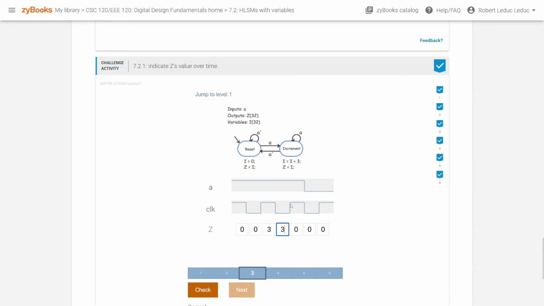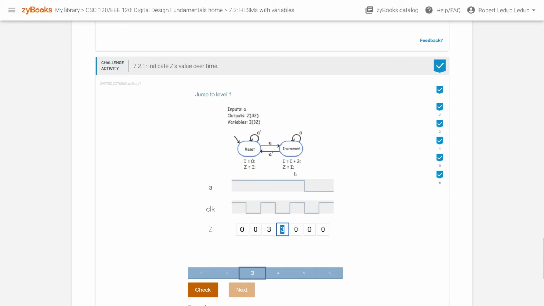On the next rising edge of the clock cycle, we see that A is still 1. And according to the diagram, a value of 1 for the input will cycle us back to the state where we're already currently in, which is the increment state. So we will perform the increment function again. Since the current value of I is 3, we will add 3 to that, which will change the value of I to 6.